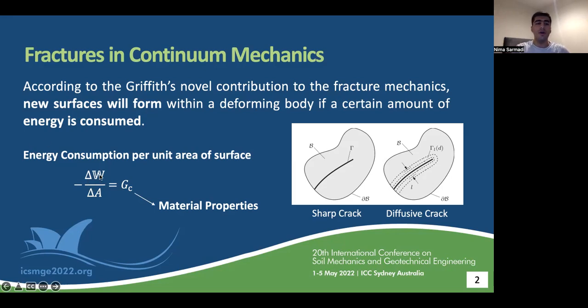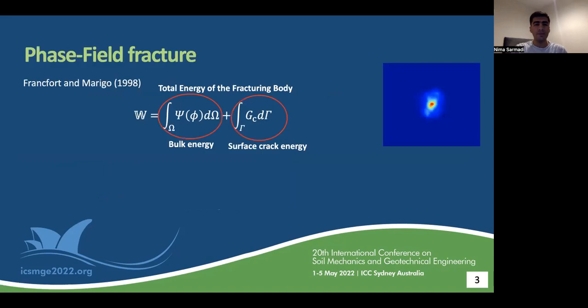And the ratio of this consumed amount of energy, delta W, which is coming from the elastic strain energy of the material, over delta A, which is the new appearing surfaces, is equal to Gc, which is the fracture energy and is solely a material property.